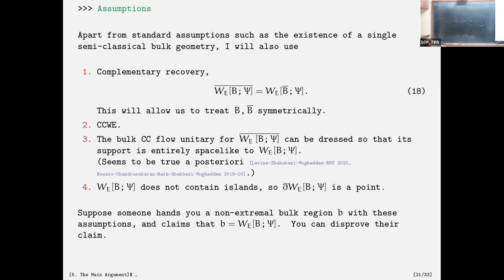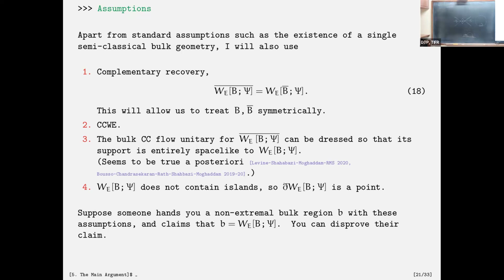There's a section of the paper which deals with the islands, but I will probably not get to it today. Epistemically, this and this restrict the set of cases you care about. This is like cost, and this is a technical assumption which is quite crucial. And this is the weak point.